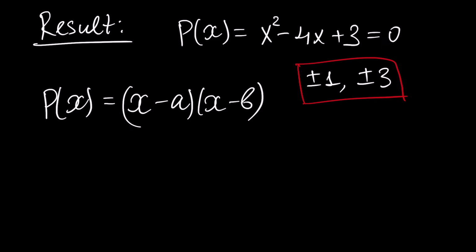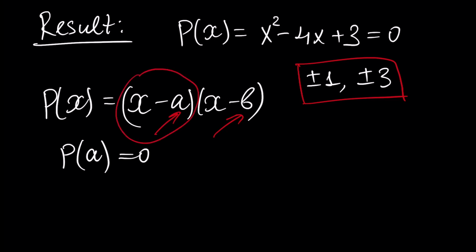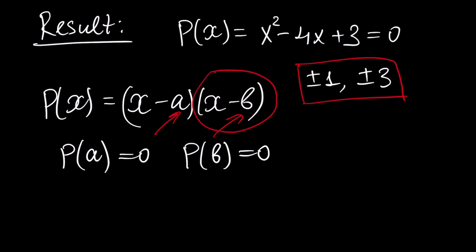And in this case, a and b are roots of our equation, because when we insert instead of x number a, we will have 0, because this factor will be 0. And again, if we insert instead of x number b, we also will have 0, because this factor will be 0. So a and b are roots of our equation.